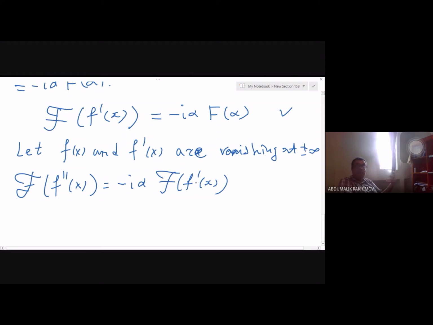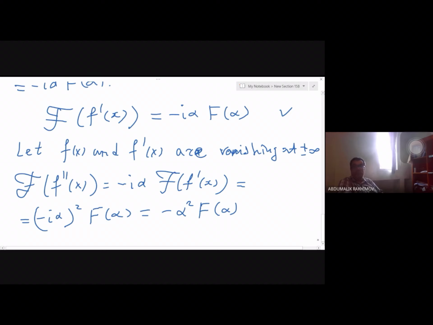Now I will use again the same formula for the first derivative, which is equal to minus iota alpha times minus iota alpha, meaning the square of this, times F(alpha). Clear? Now, if you compute this, iota squared is minus 1, it is minus alpha squared F(alpha).